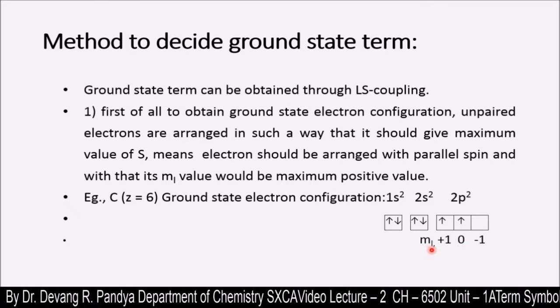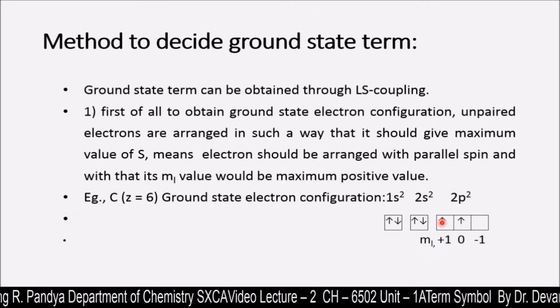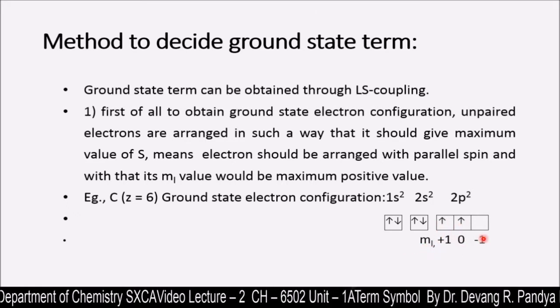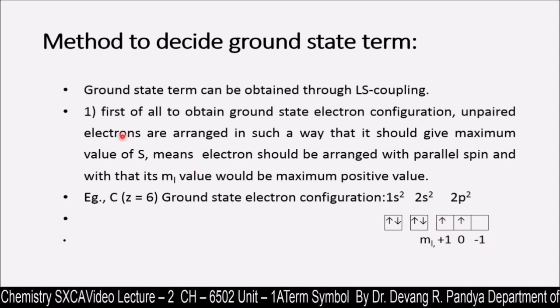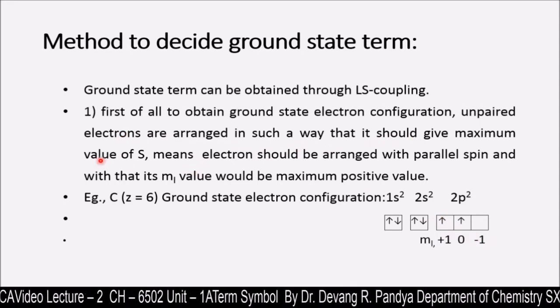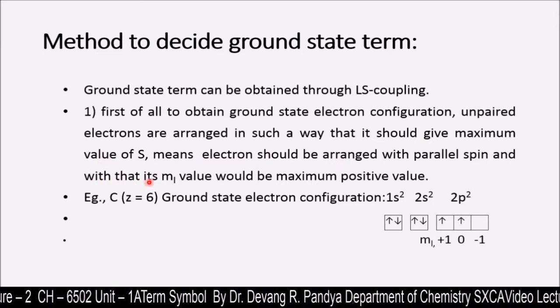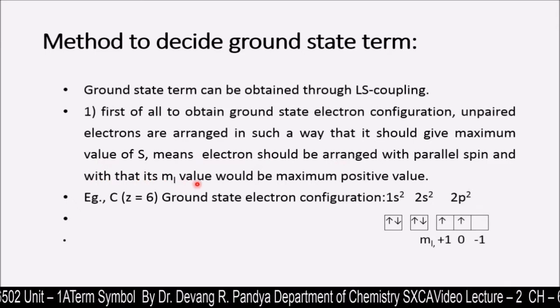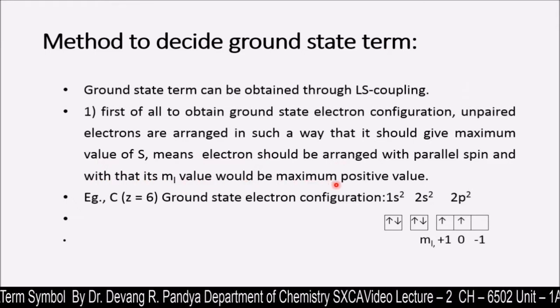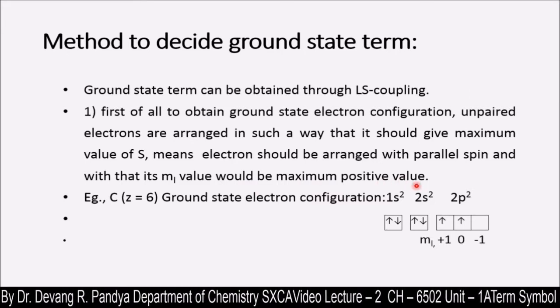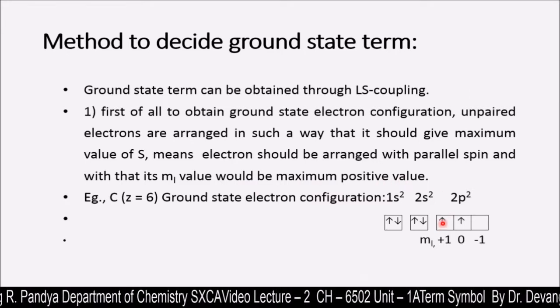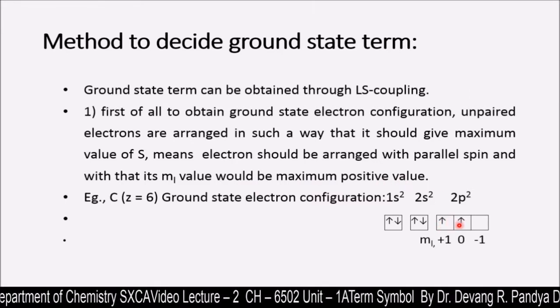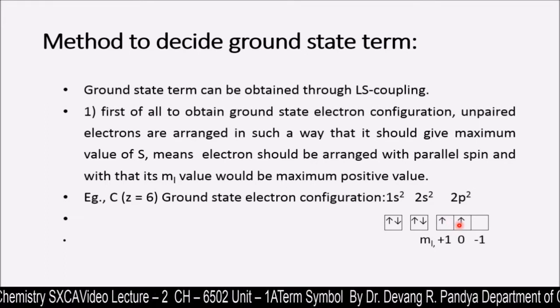Here m subscript L values are +1, 0 and -1. So we need to arrange the unpaired electrons in such a way that the m subscript L value would be maximum positive value. Therefore, we have arranged one parallel unpaired electron in +1 and one in 0.